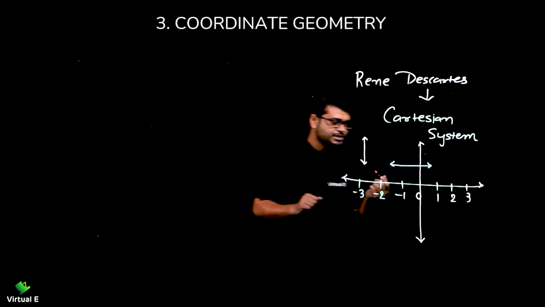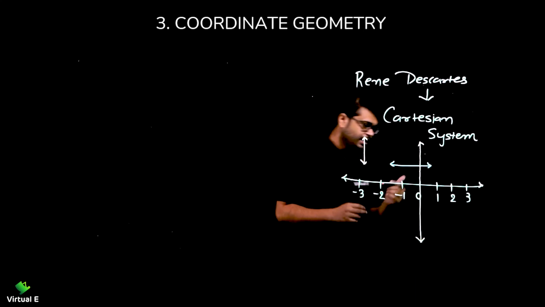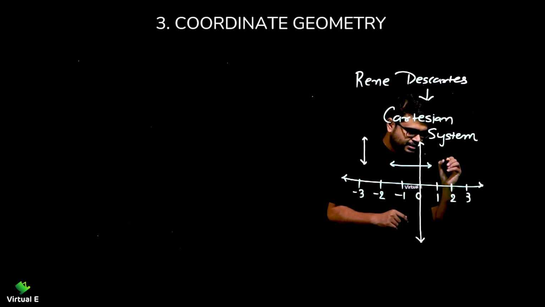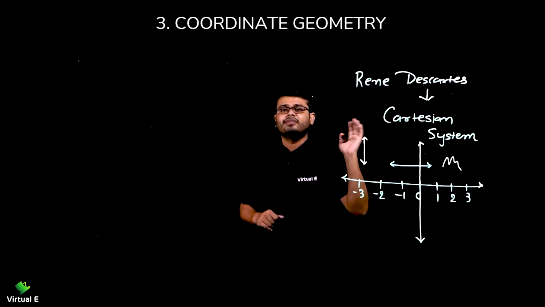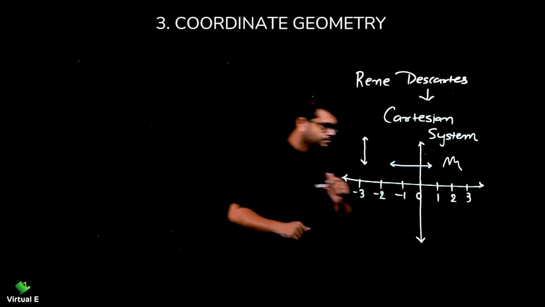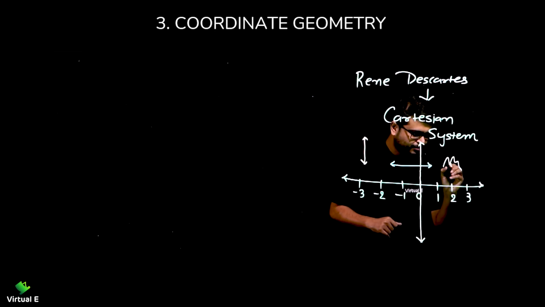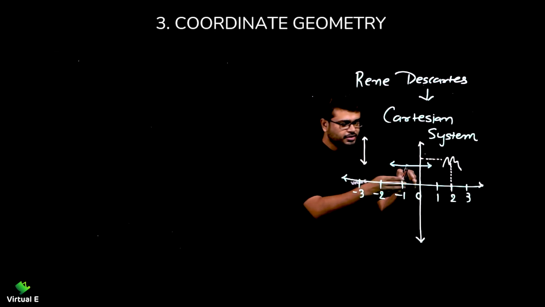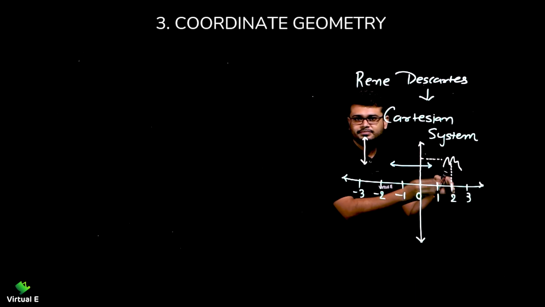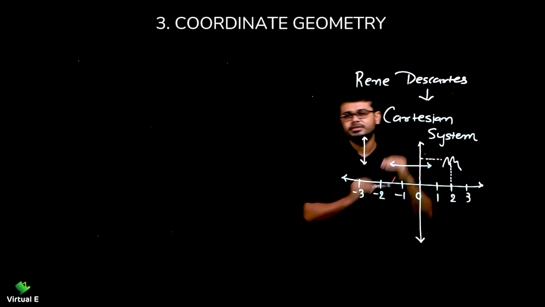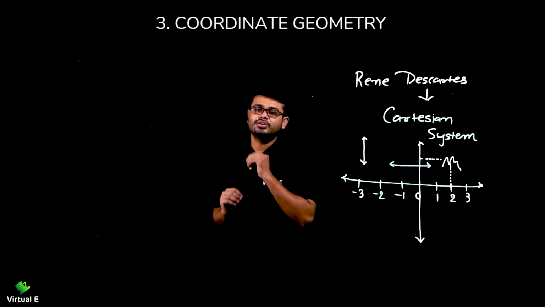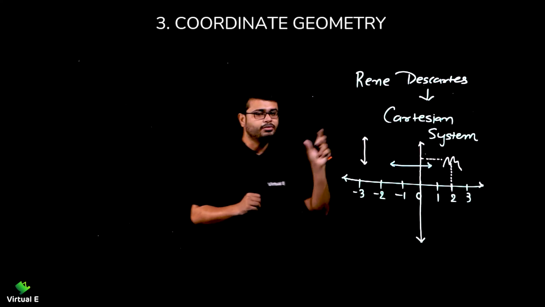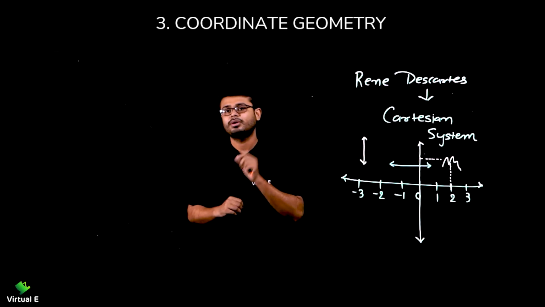Now if I want to talk about, let's say there is a mountain over here and I want to locate it, I need the help of 2 points. I will say from the horizontal direction, you move 2 steps, and vertically you go this amount of steps. Then you will be able to find the mountain.